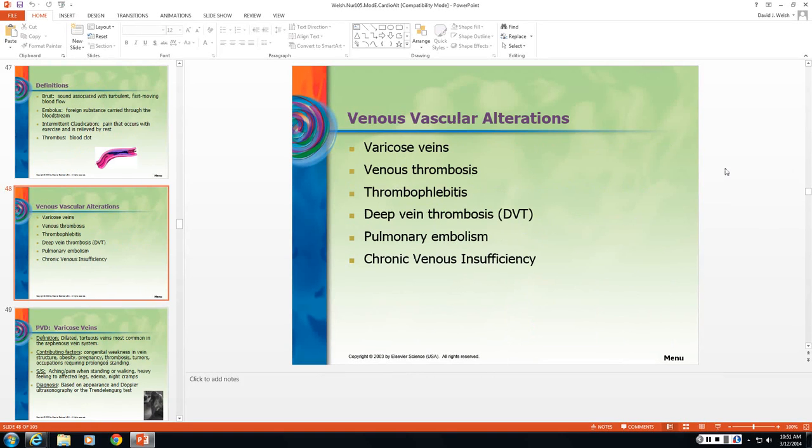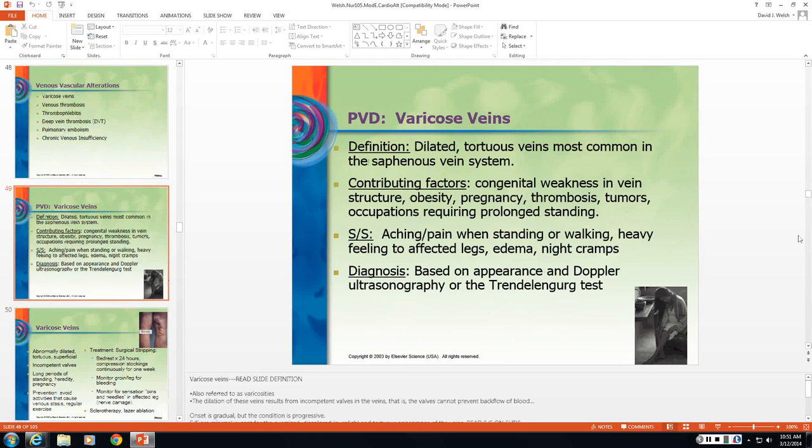So some things we're going to look at: varicose veins, venous thrombosis, thrombophlebitis, DVT or deep vein thrombosis, pulmonary embolism, and chronic venous insufficiency. First thing we're going to look at is varicose veins. Basically the definition is dilated tortuous veins, most common in the saphenous vein system.